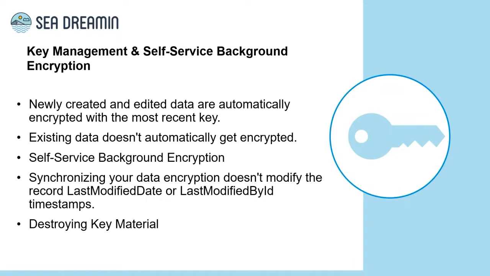Now, as a best practice, when you change your tenant secret as part of the rotation strategy, the data which already exists will be encrypted with the old tenant secret. There also we can make use of this background encryption service to encrypt the old data with the newly rotated tenant secret.